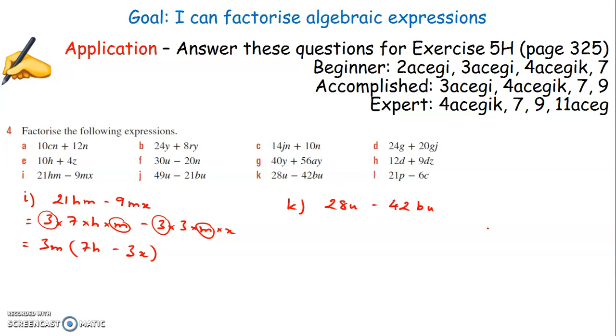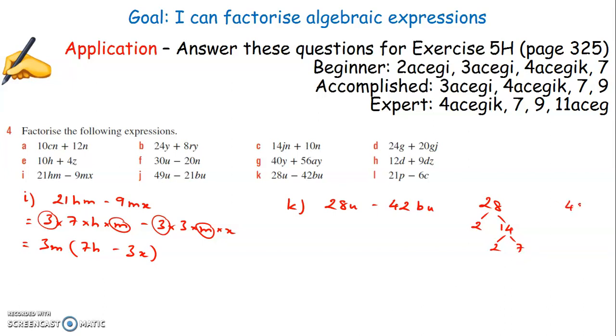Okay, so again, you probably can work it out if you know the times tables really well. But also we can use the factor tree. So 28, we know that 2 can go into it. So 28 is 2 times 14, which is 2 times 7.